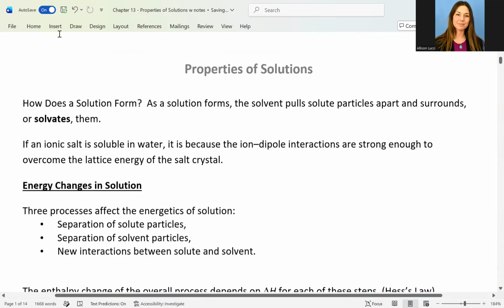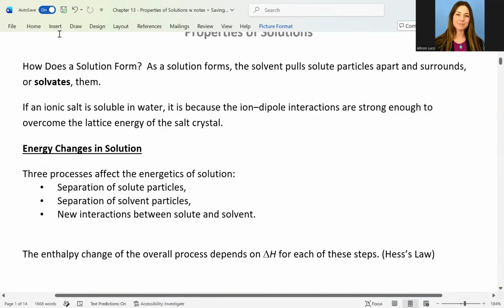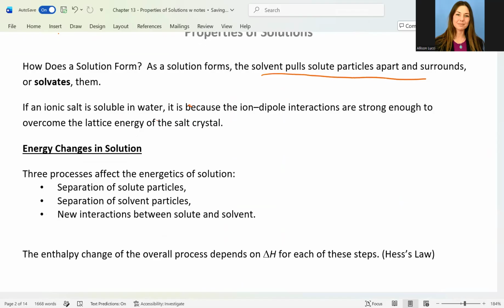So let's continue here just to summarize what we talked about so far. How does a solution form? A solution will form as the solvent pulls the solute apart and then solvates them. That's what we saw with the water surrounding the sodium and the chloride ions.